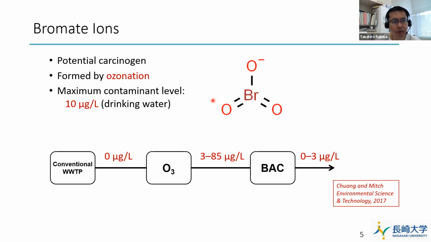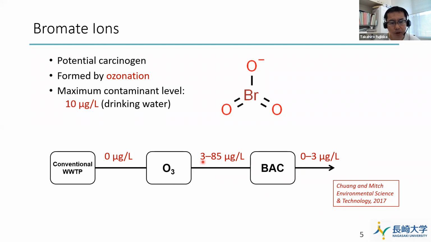Probably everyone is aware of that. That's an ozonation byproduct. Our maximum contaminant level is 10 micrograms per liter. After the ozonation, if we pick up one of the studies, the concentration will be very high, above the regulated levels, and then the BAC can remove it, but still we have to be careful with ozonation.